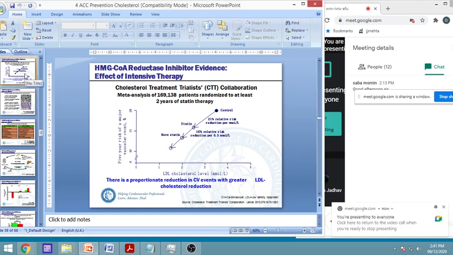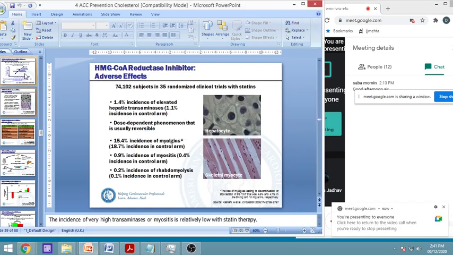Then next are the adverse effects. We will not go into more adverse effects, because we have already seen them as part of pharmacology. But there is a 1.4% incidence of hepatic transaminase elevation, that is SGOT, SGPT, or we call them AST/ALT, a dose dependent phenomenon that is usually reversible.